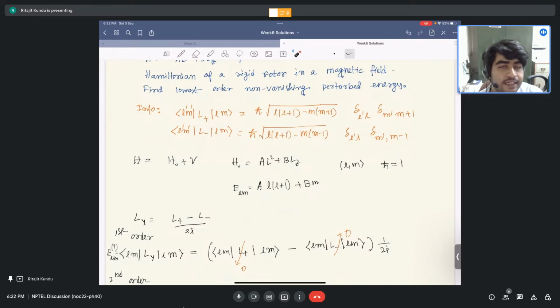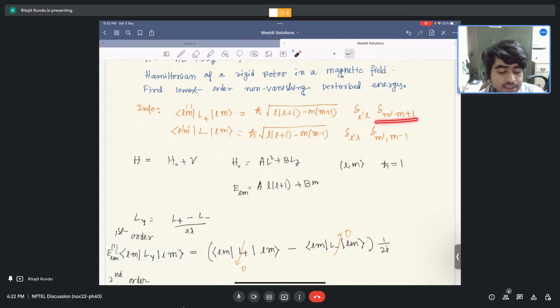So why is this the case? That's because L plus has already increased M to M plus 1, and then when we are taking the inner product with another M prime, that M prime has to match with M plus 1. Otherwise, from the orthonormal properties of LM, those quantities will become 0.